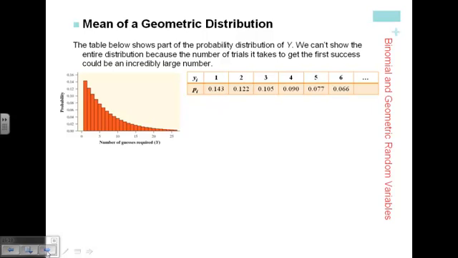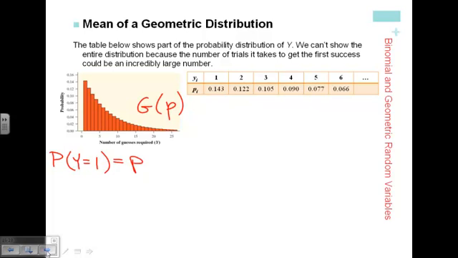For success on the very first trial, what's the probability? If we're in this general geometric situation where the probability of success is p, the probability I get a success on the first trial is exactly p.